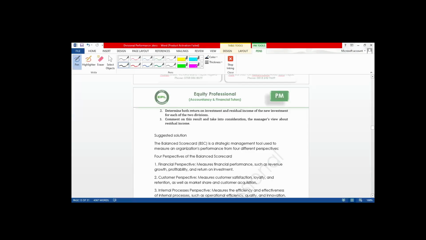If customers like your products, they will be willing to make repeat sales or repeat purchases. They will also be willing to recommend your products or service to other users, other customers.